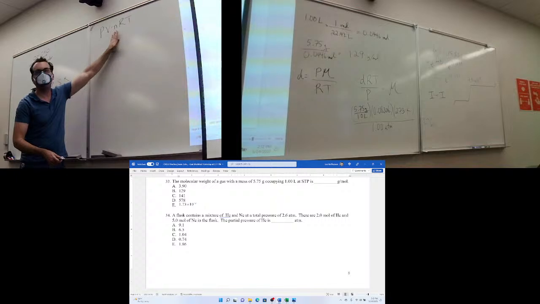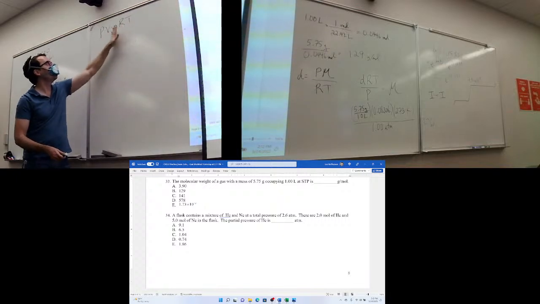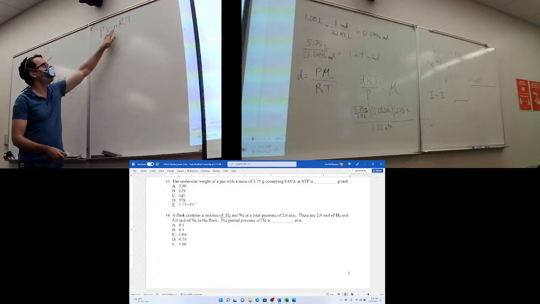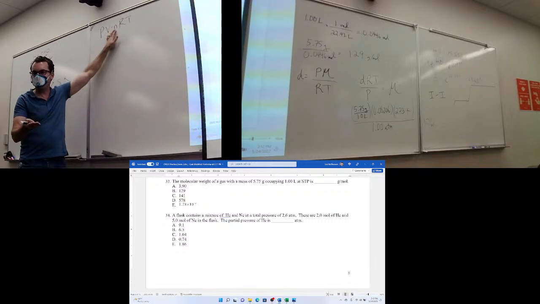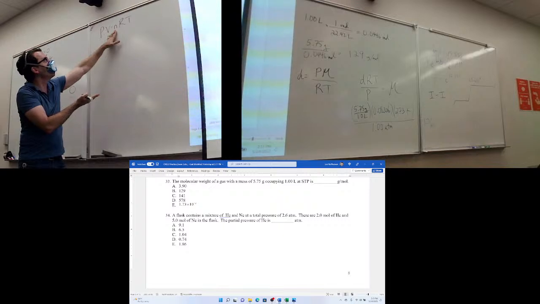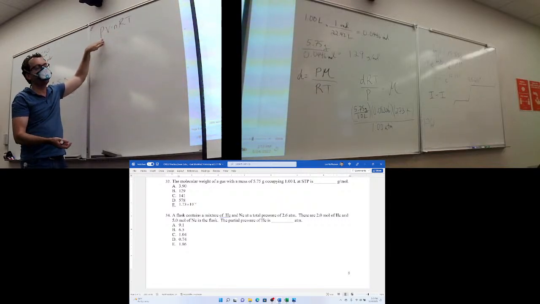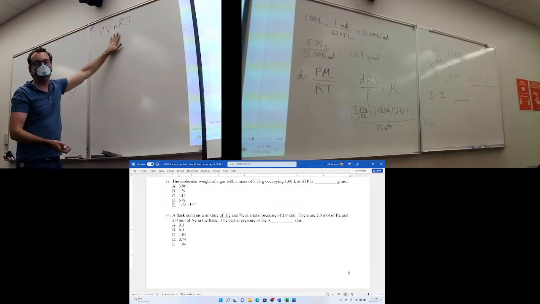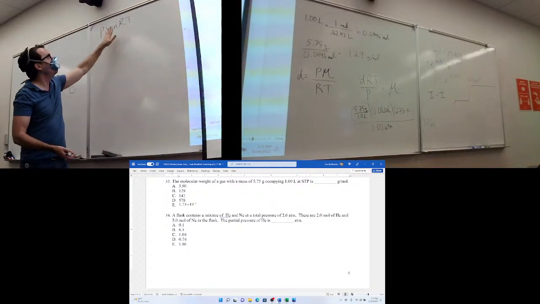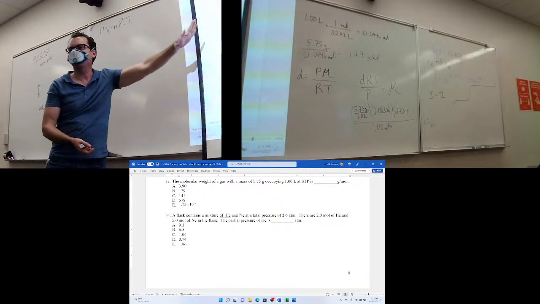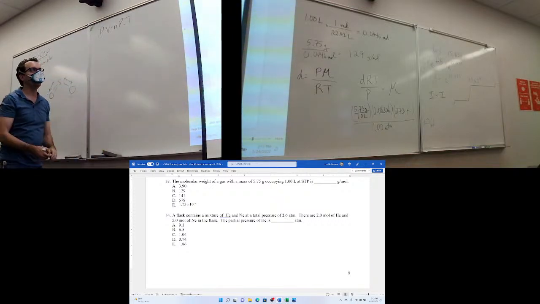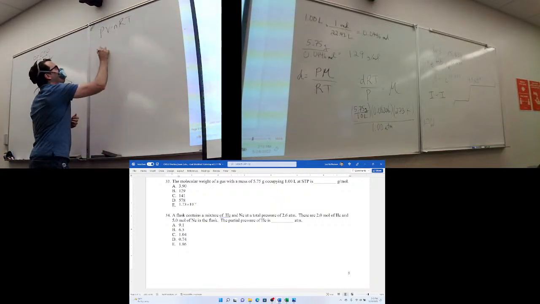You plug in moles, volume, temperature, and you'll get a pressure. If it's only a portion of the moles of a gas, like just the helium of your total moles, then you'll get the partial pressure of just the helium. But to use this equation, you need temperature and the rest of the variables, which we do not have. So we need an alternative, and that is using mole fraction.